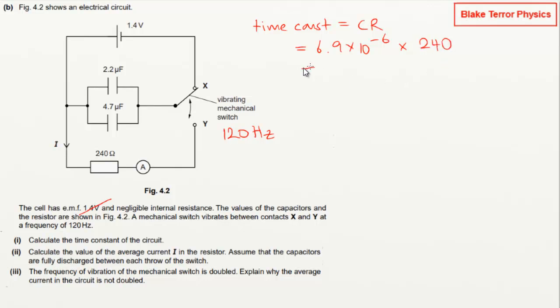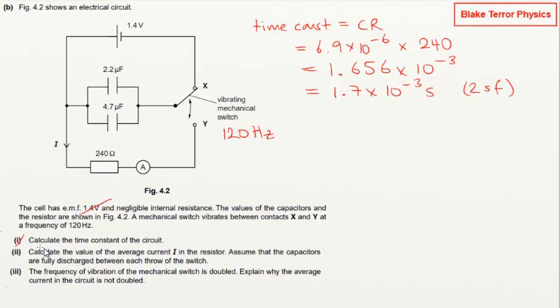I'll just put that in the calculator. It's 1.656 times 10 to the minus 3, which is 1.7 times 10 to the minus 3 seconds to two significant figures.